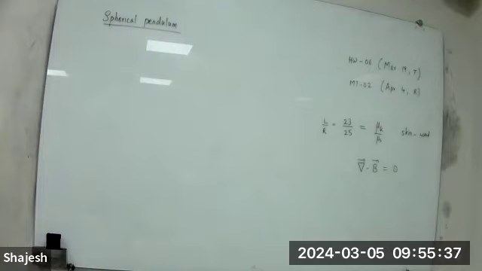A normal pendulum would be one pendulum just oscillating. And what's a spherical pendulum? Spherical would be one that goes around in a circle. No, a normal pendulum also can go around in a circle, as long as it's a rod.